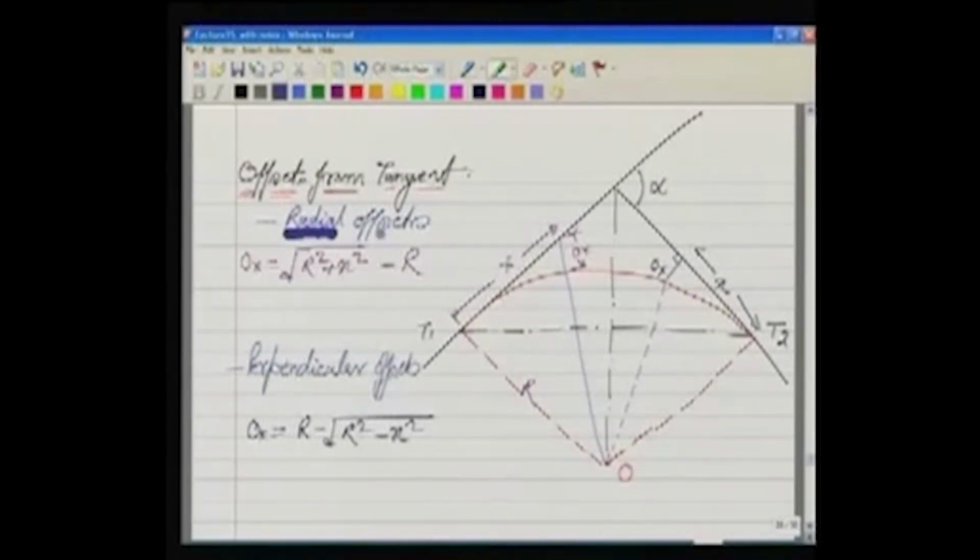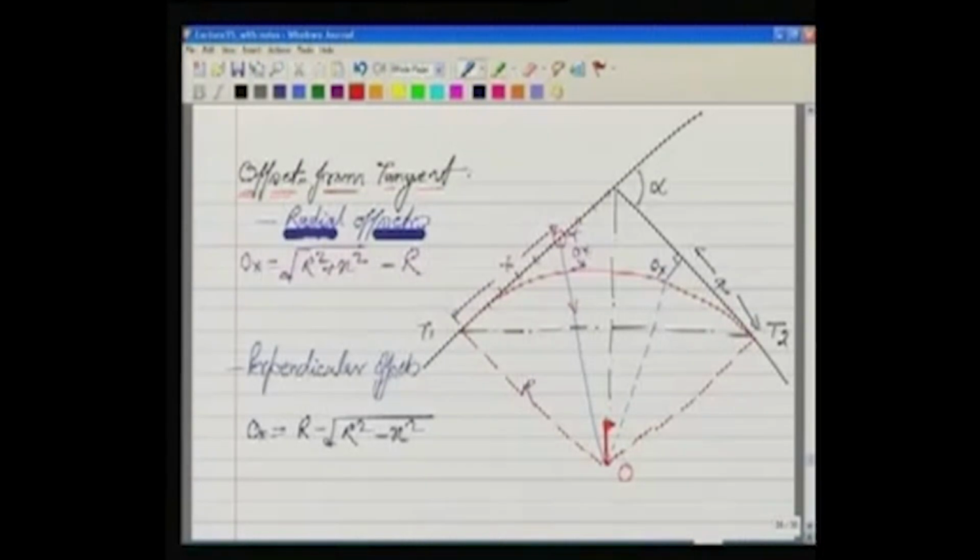The first method in this case is radial offsets. Radial offsets means if I'm standing at any point here, it is possible that I can see the center of the curve. We can establish the center and I can look at the center. So wherever I move along the tangent, from there I can see the center.